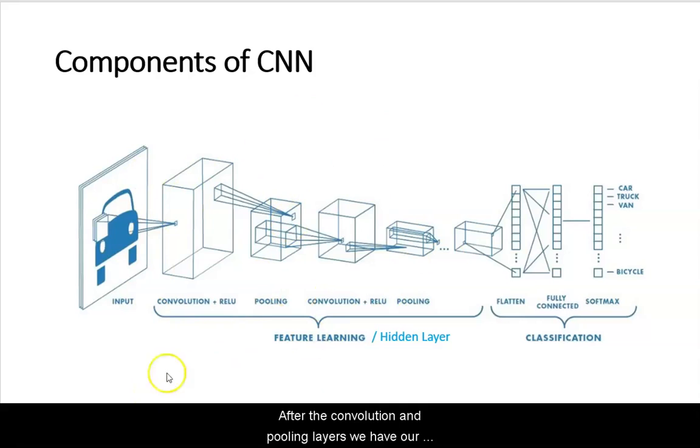And after the convolution and pooling layers, we have our classification part, which as you can see has a fully connected layer.